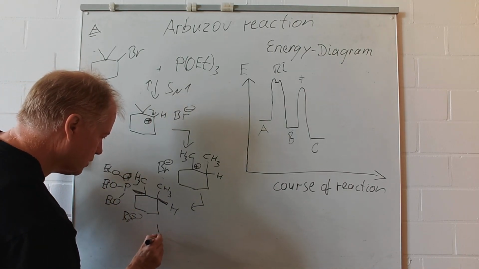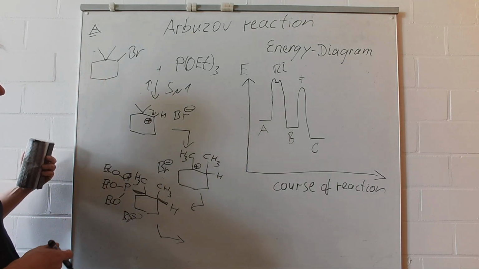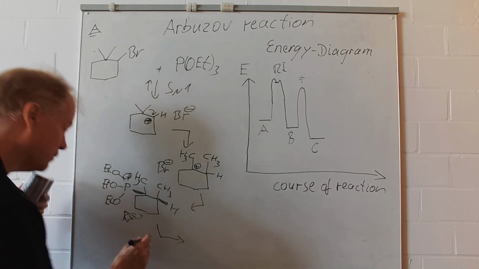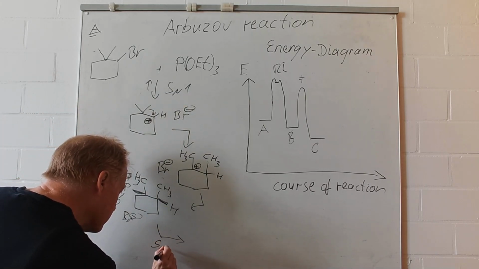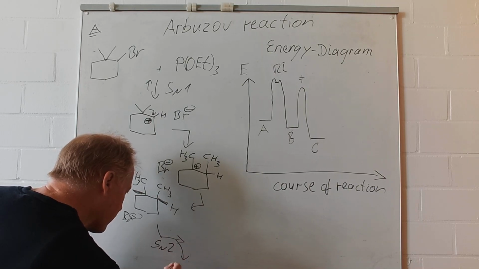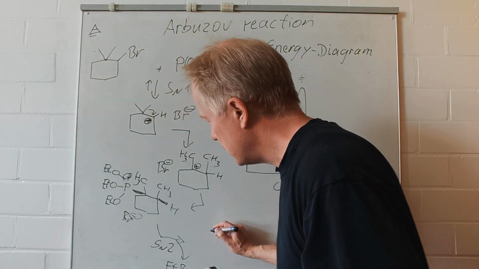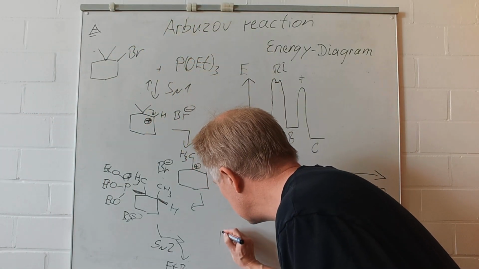And the final step is again the typical final step for the Arbuzov reaction, the SN2 reaction, forming ethyl bromide and the target product.